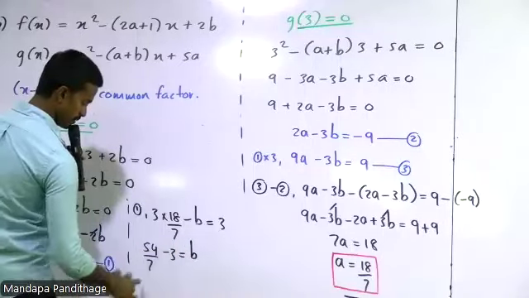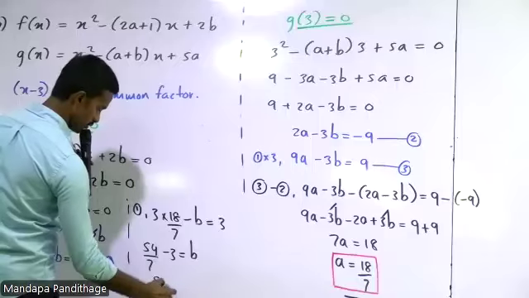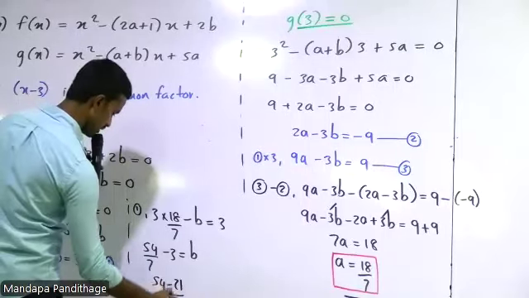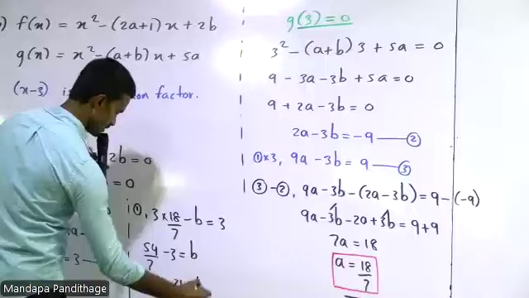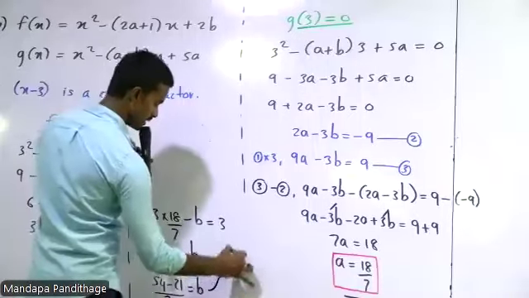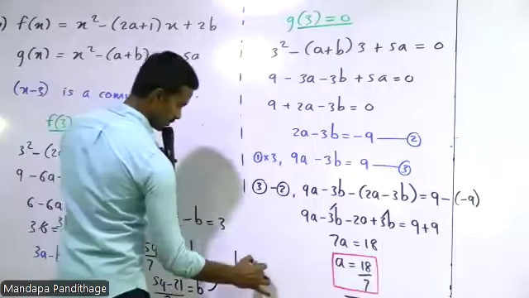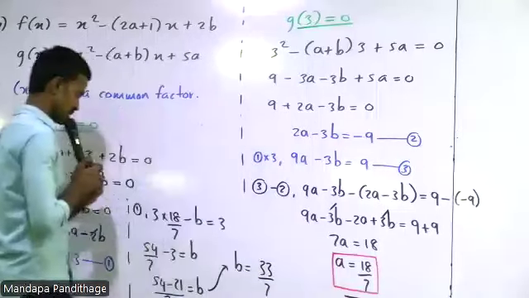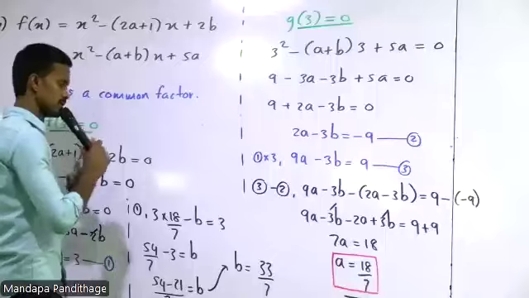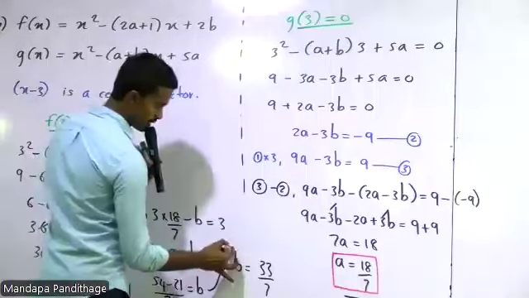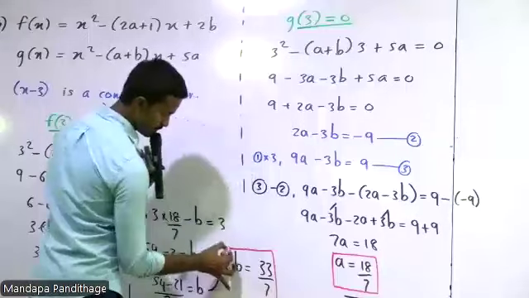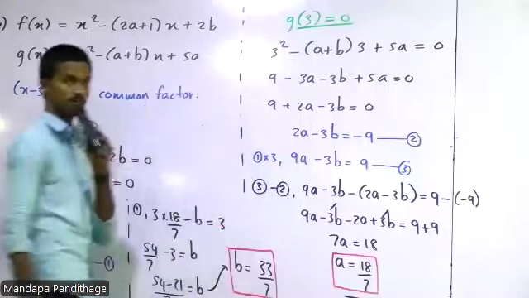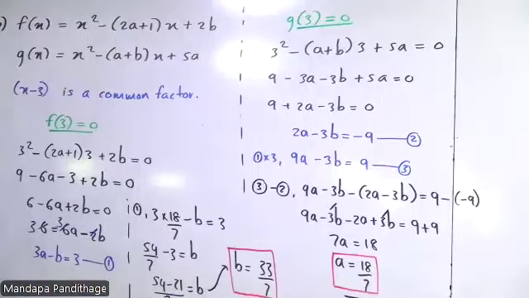If you multiply this by 3, it's 54 minus 21 over 7, which is equal to b. So I get the answer b is equal to 33 over 7. Clear? You're supposed to get these two fractional answers: a is equal to 18 over 7 and b is equal to 33 over 7. Clear? Okay, do question number 18.